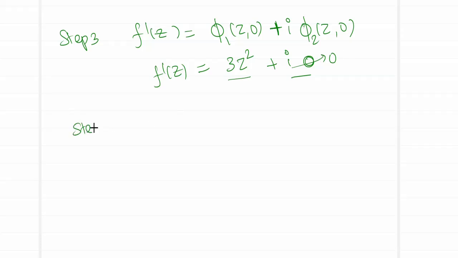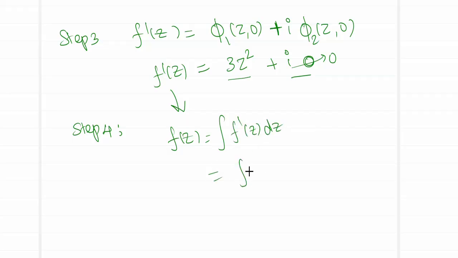And now moving on to my step 4. What is my step 4? From my derivative f dash of z, find your f of z. How to obtain it? Integrate your f dash of z with respect to z. So it is the integral of 3z square dz. 3z square on integration gives me z cube divided by 3, so this cancels off, leaving you with z cube.